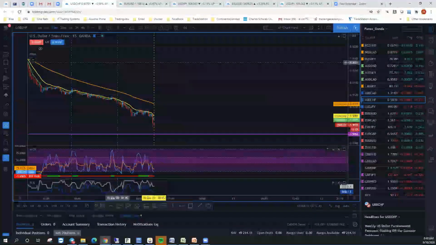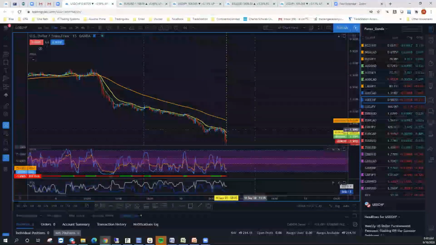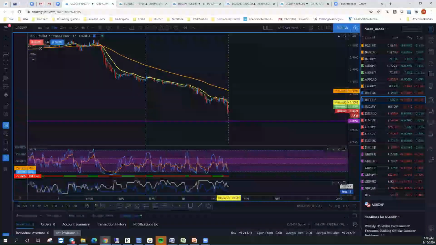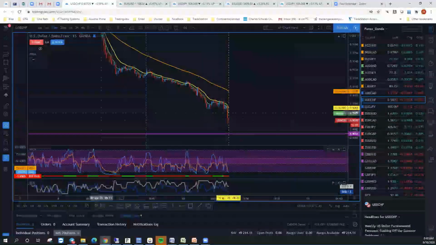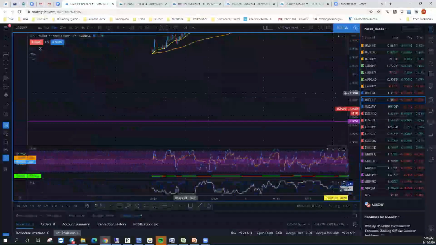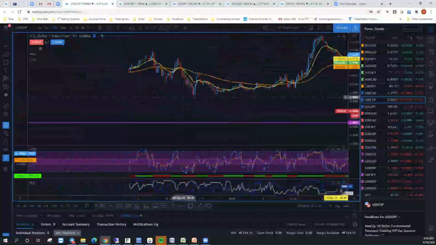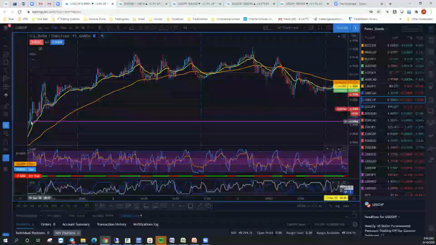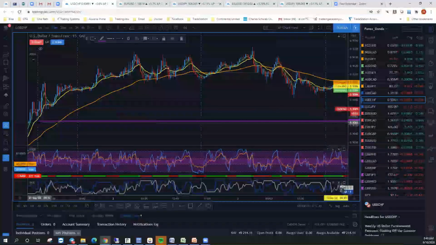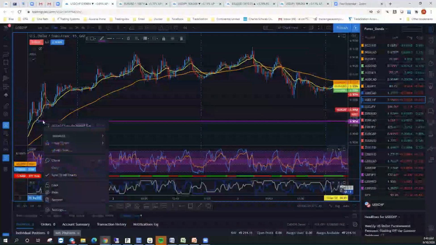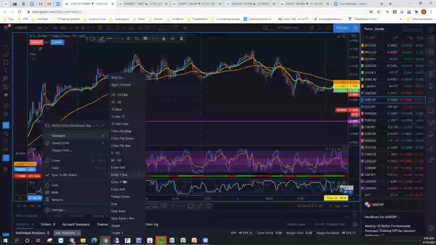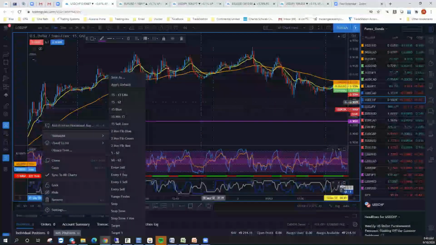Right now, we have a nice strong move down, but there's no place to get in right now. You may want to look at maybe possibly this because of its area way over here. I don't even know what to label that one.